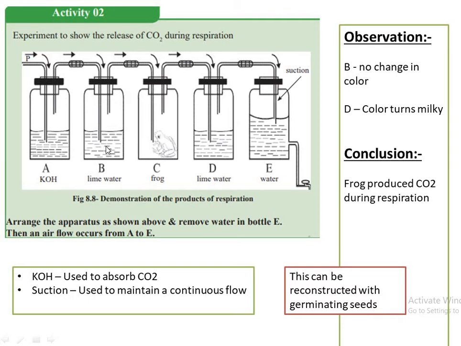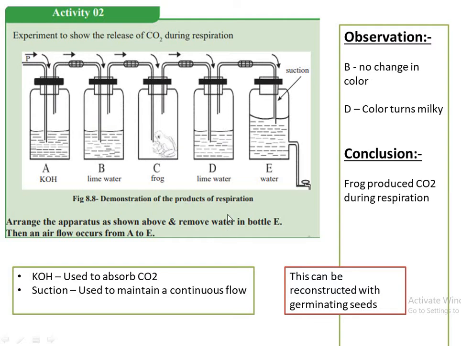Here we use lime water to confirm that the air sent from the KOH to the lime water has no carbon dioxide. If this turns milky, that means the KOH hasn't absorbed the carbon dioxide. But since this is colorless, that means all of the carbon dioxide has been absorbed by potassium hydroxide.